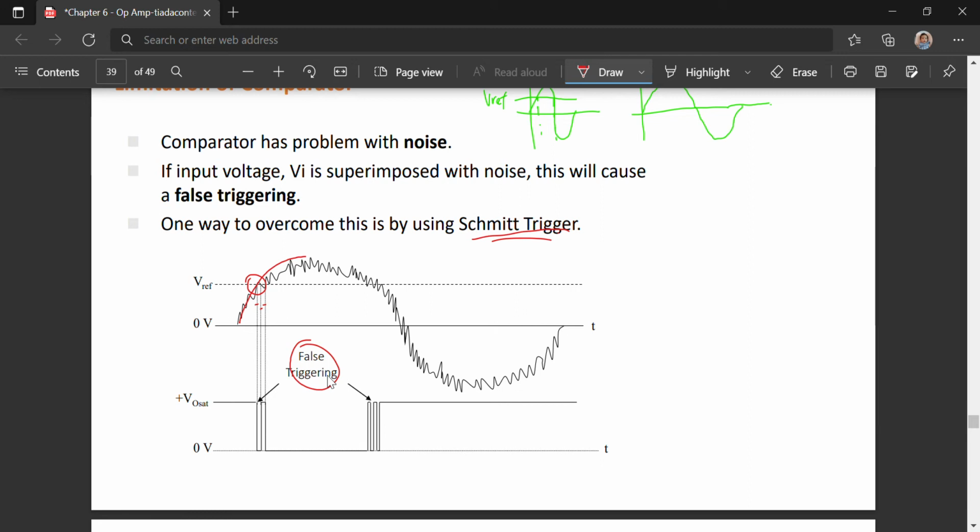Here you only want one peak, but you get two, and the same with this. So it will create a false triggering of the Vout. Let's learn how to make a Schmitt trigger to avoid this kind of false triggering.